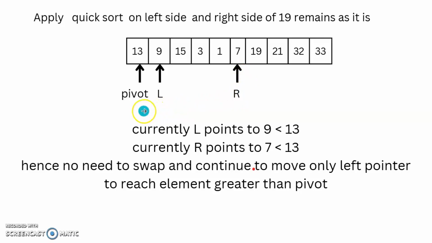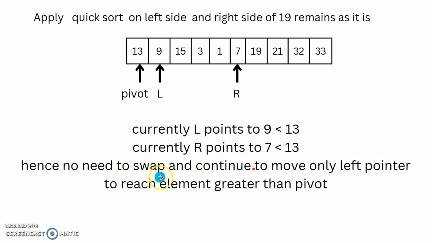Now as we have discussed already, we have to look for the value greater than the pivot from the left side, and from the right side we have to look for the value lesser than the pivot value. So what is the pivot value now? 13. So L points to 9, less than 13, and the right pointer points to 7, less than 13.